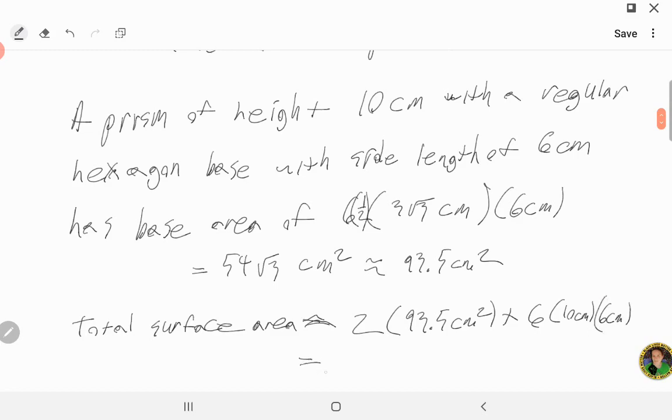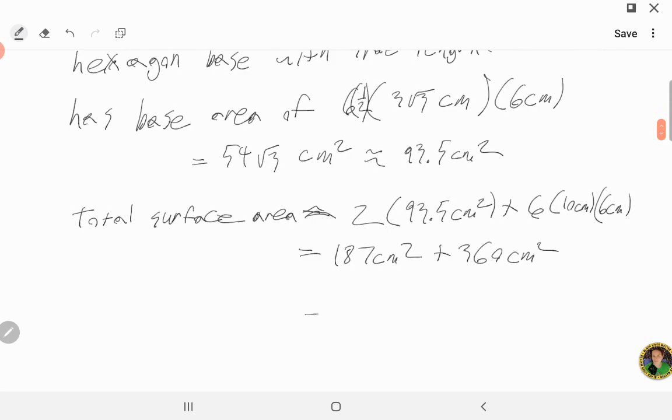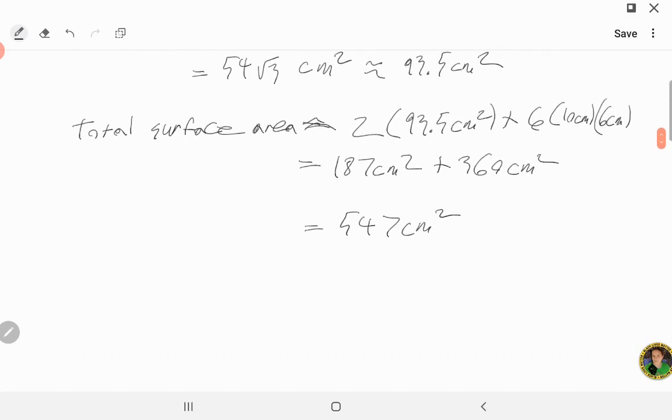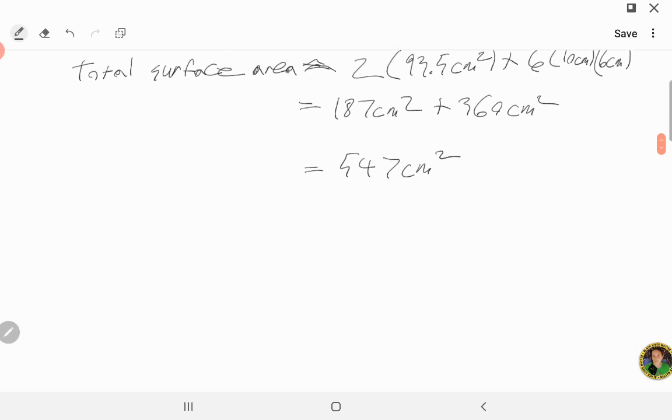And so we're going to get 187 square centimeters plus 360 square centimeters, which is going to give us 547 square centimeters. And so we notice in general, we're always going to be looking at the area of the top plus the area of the bottom plus the area around the sides. So we actually generally call it the lateral surface area.